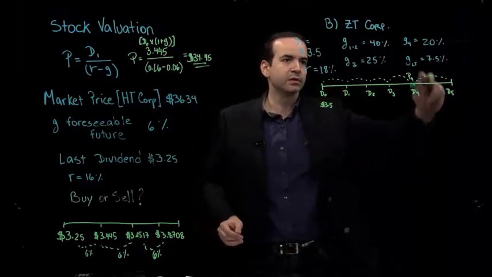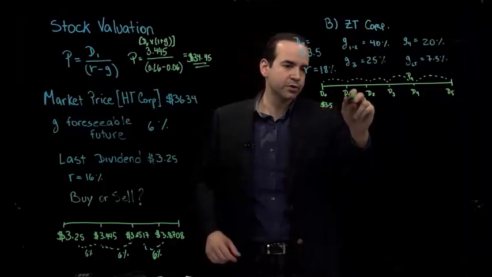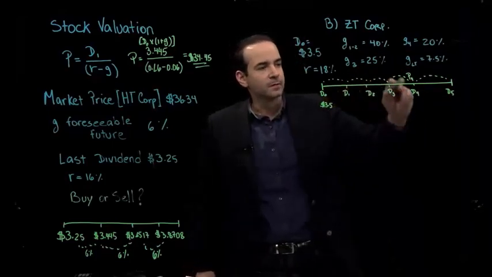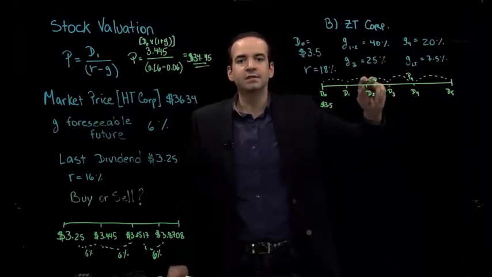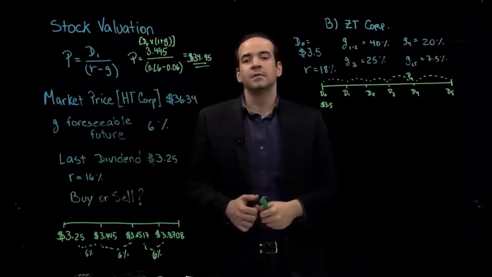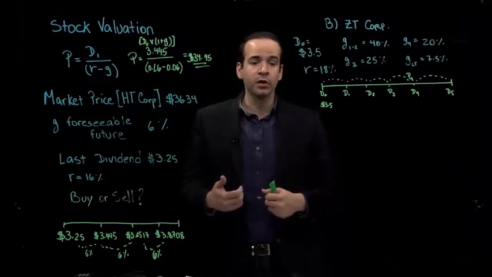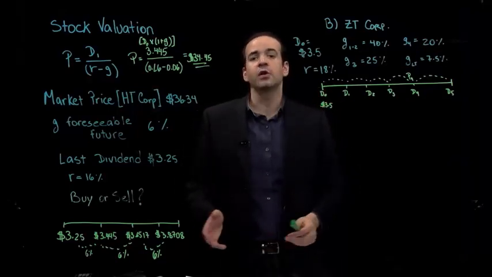In this particular example, and let's consider CT Corporation, we will have the first year, second year, third year, fourth year. And in the first 4 years, let's assume that this company is going to have some kind of volatility or some kind of fast-paced growth.